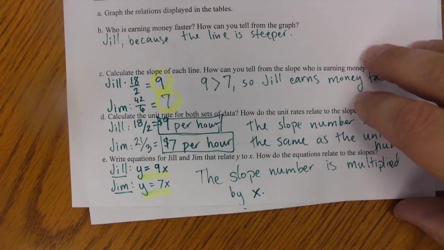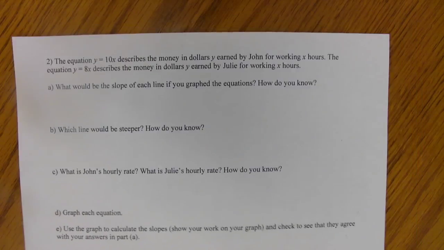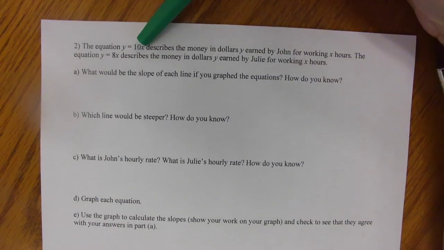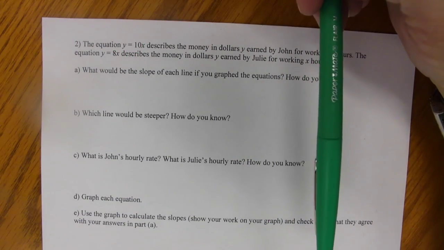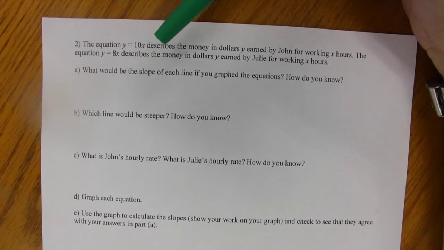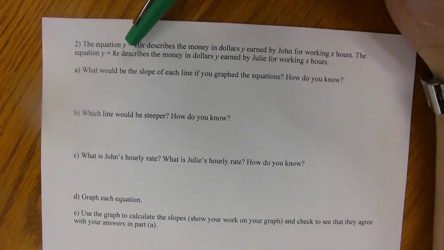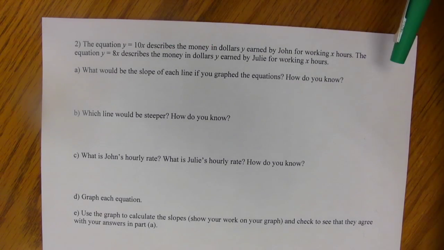Okay, we're going to be looking at part 2 here. I'll give you some time to work on this, but here you are starting with equations, and then you're going to work your way through answering all these questions just based on the equations and what we learned from this side. The equation y equals 10x describes the money in dollars y earned by John for working x hours.